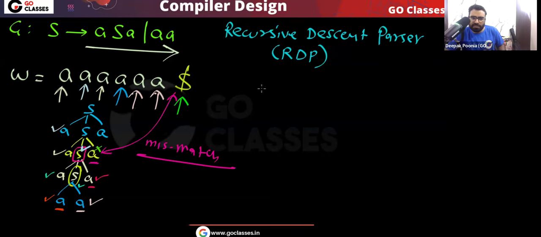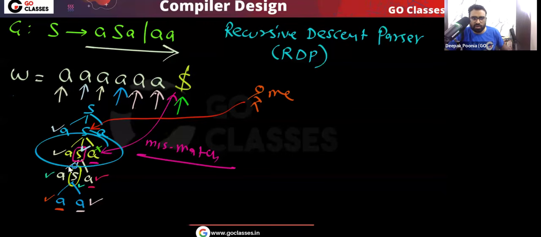So I will tell this S that your S going to aSa production has failed, because this S was going to aSa and this a has failed.